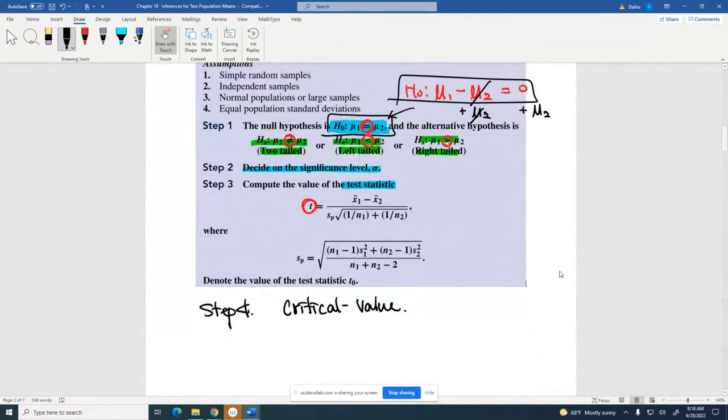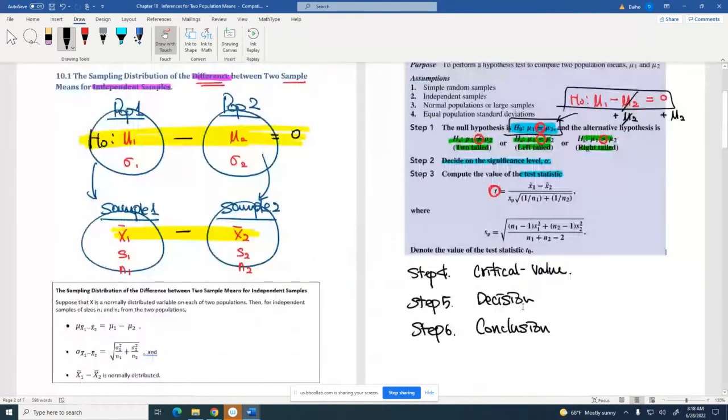Then step 5, make the decision. And step 6, conclusion. It's the other way, the interpretation. It's the same thing.